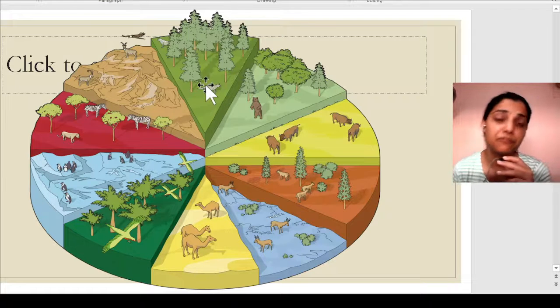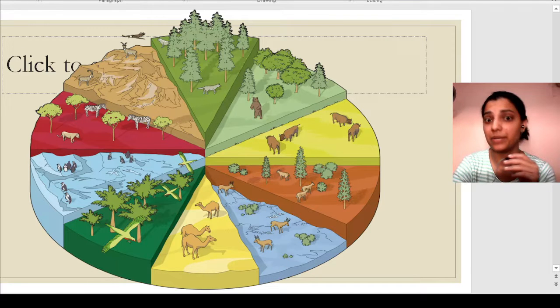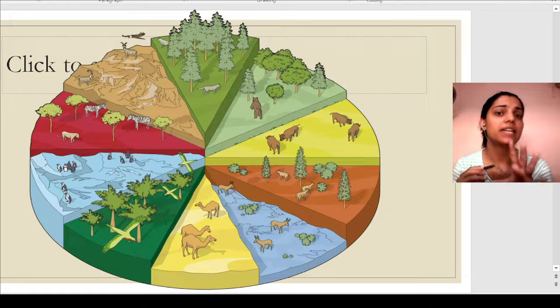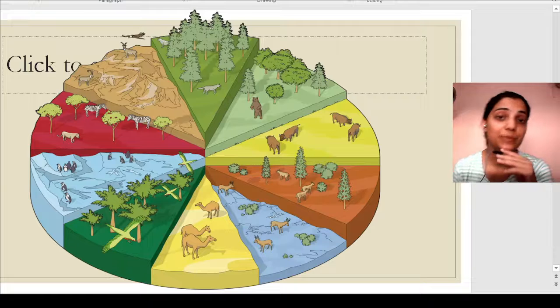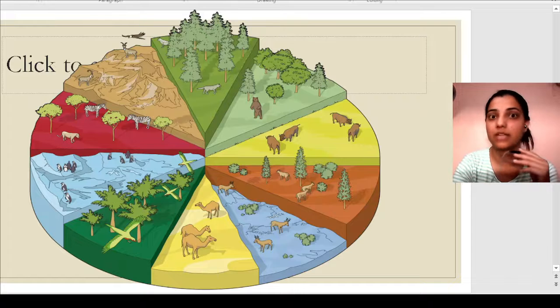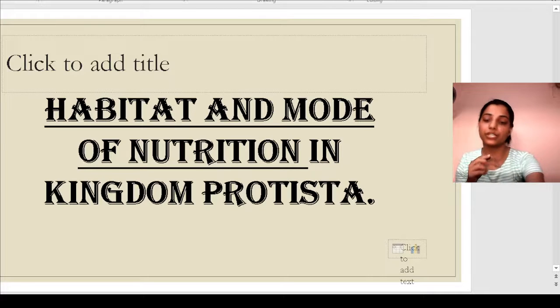So we can see different habitats here. By this picture, you can guess that the Kingdom Protista has huge habitats. They can be found everywhere. Habitat and mode of nutrition.